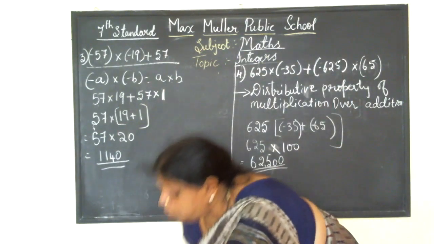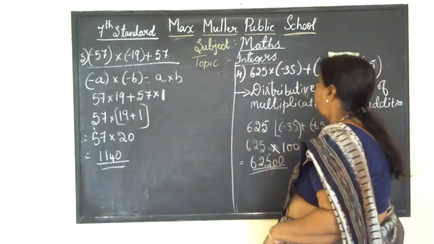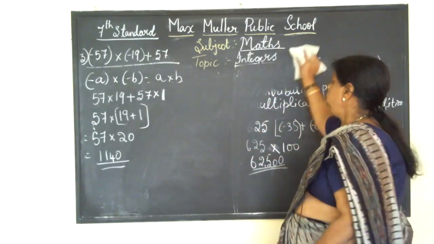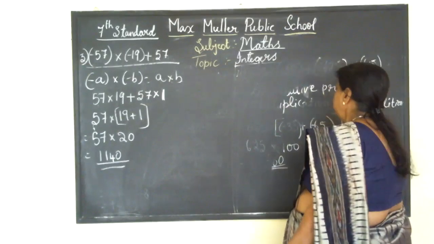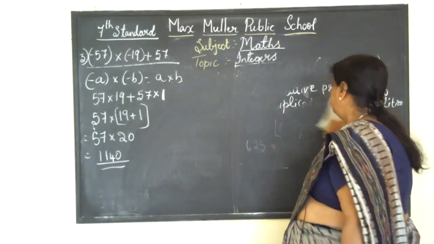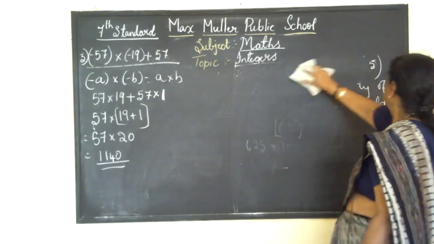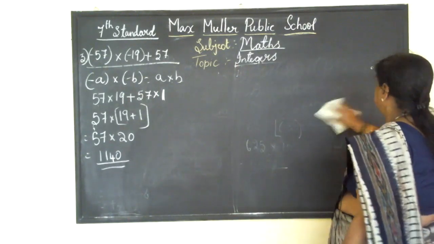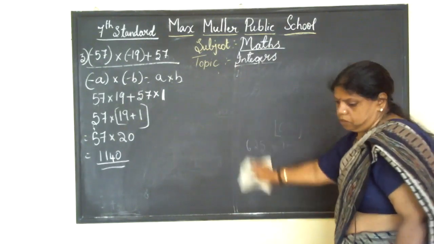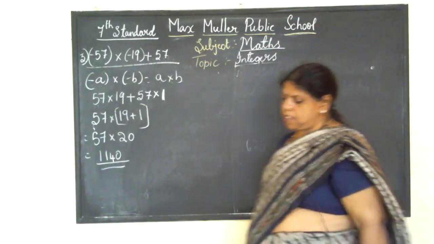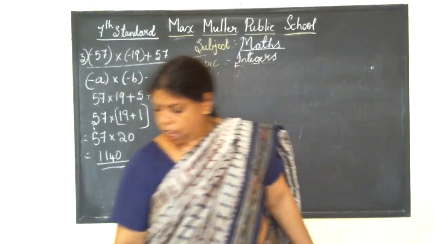Now we go to the word problem. See, word problem, I don't want to waste my time by writing the questions. You copy from your textbook. See, once I'll read the question.